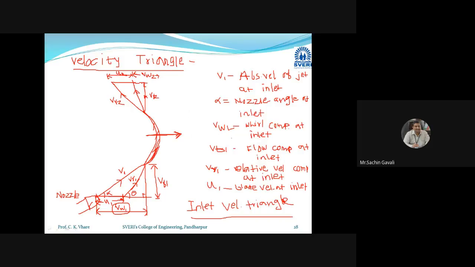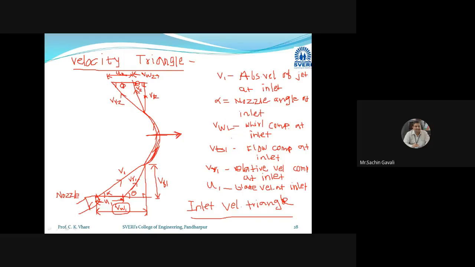This is a 90-degree angle. Remember that. This VF2 and this will be V2. So this is called alpha 2, or we can call it theta. It is the blade angle at outlet, and this will be called phi. Here it is the vane angle at outlet, or whatever VR2 is making.